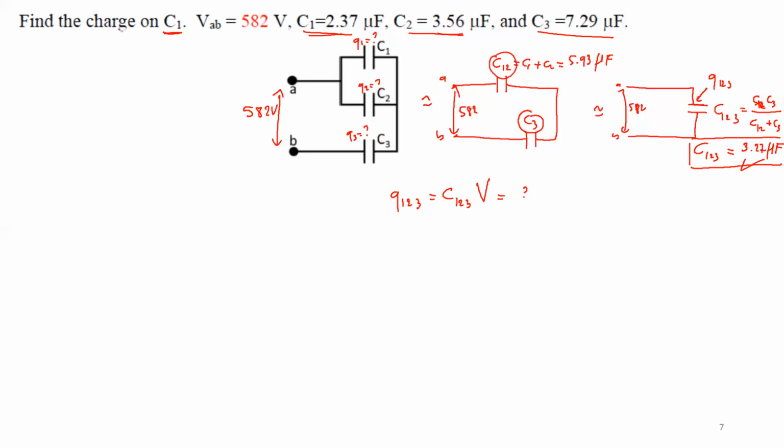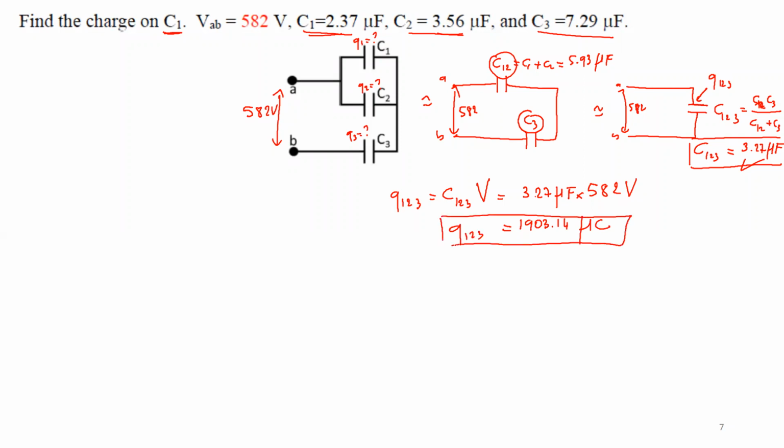So this gives me 3.27 microfarad multiplied by the voltage, which is 582 volt. So how much does it give you? Can you calculate this, please? So this gives me 1903.14. Here I have farad multiplied by volt is coulomb. So microfarad multiplied by volt, this gives you microcoulomb. And this is Q123.